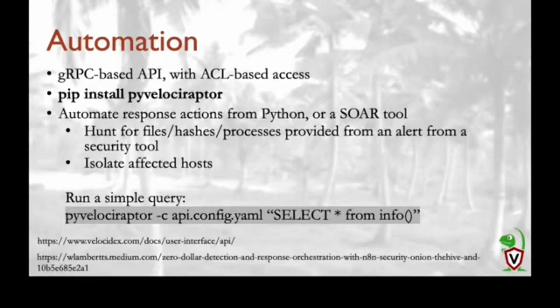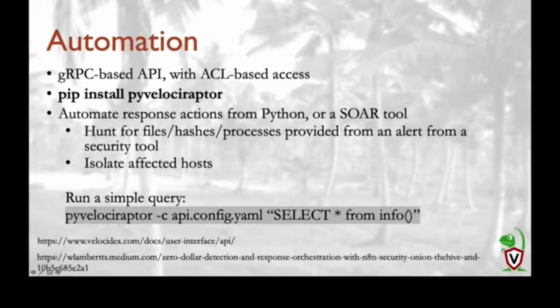So there's ACL-based access to that gRPC-based API. You can install PyVelociraptor, the client, if you want to interact with that. Add a user, and then you can perform those automated response actions or context gathering via a SOAR tool, maybe something like Shuffle or n8n or Node-RED or whatever your fancy, right? There's lots of things you can do there.